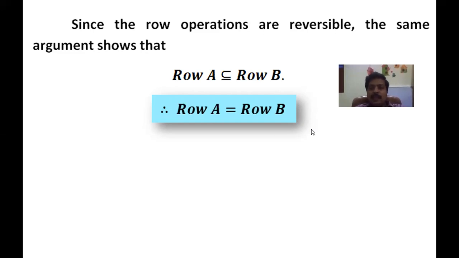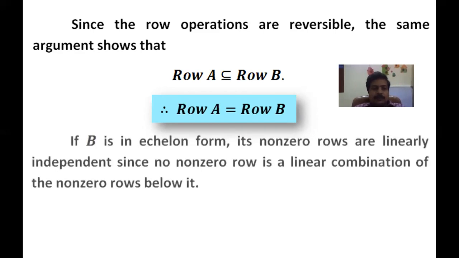In A we can't determine whether the rows are linearly independent or not, but in B, which is in echelon form, we can clearly say that the non-zero rows are linearly independent. So if B is in echelon form, its non-zero rows are linearly independent, since no non-zero row is a linear combination of the non-zero rows below it.